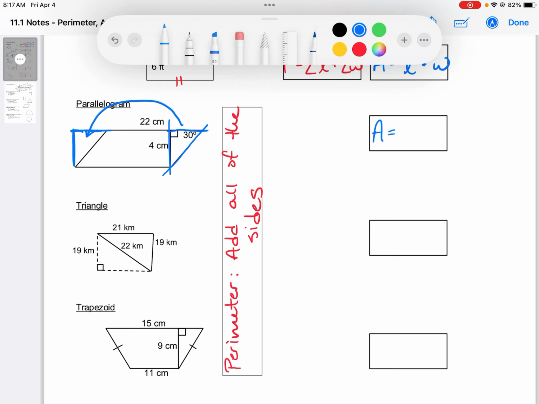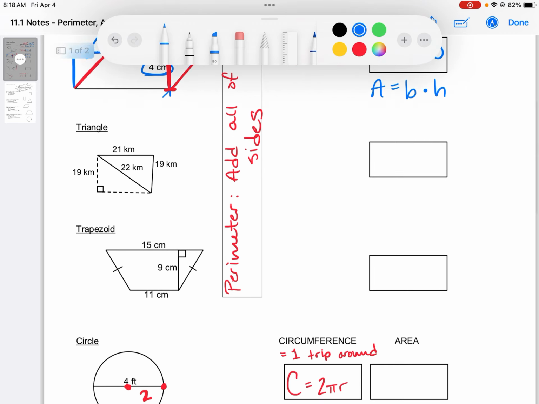So the parallelogram area is length times width, just like a rectangle. But a maybe easier way to remember it for a parallelogram is the base times the height. That way you know to use this number, like 4 right here, the height of the shape, instead of one of the diagonals, which we'll talk about how to find in just a second.